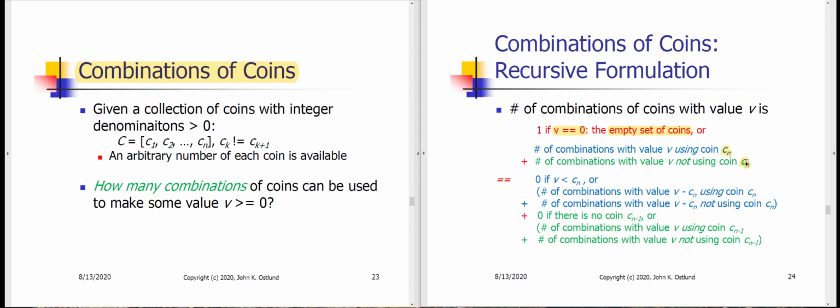I mean, the total number of combinations is some set, and if we simply create two subsets, where one subset is combinations that do include the final coin at least once, and the other subset is combinations that never use the final coin, then the sum of the numbers of values in those two subsets must be equal to the total number of combinations.